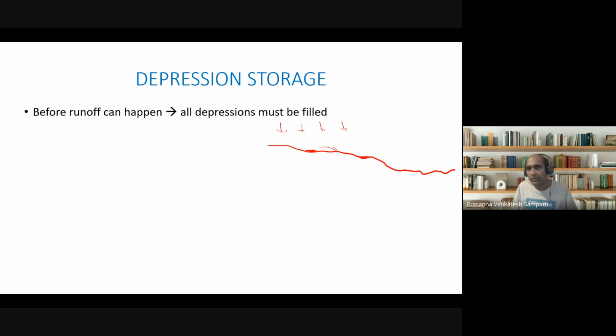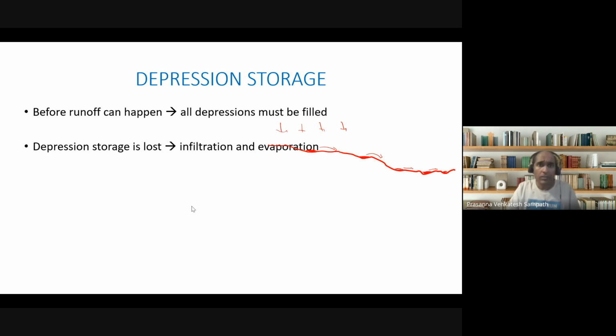Only after this gets completely filled, then it starts to overflow. Then it comes here, this place will get filled up with water, and then it overflows. Then this will get filled up, and only when it gets filled up, then it flows out, and then this depression gets filled, and so on, right? Only when all the depressions get filled, there is no place for the water to go, so then it starts to run off, right? So that's something that's very important.